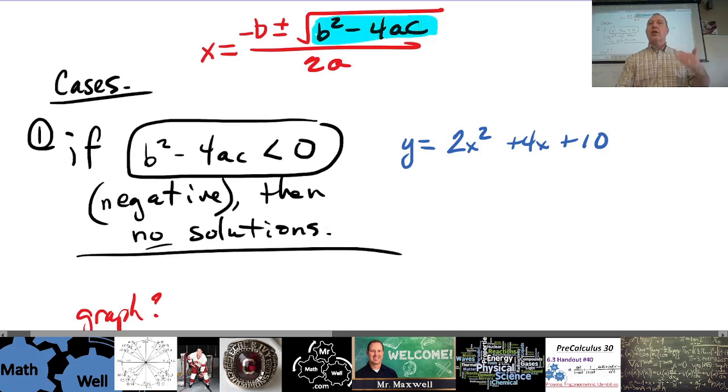This is very important. So I want to go over just what this tells us. You might want to write this down in your notes. If b squared minus 4ac, and there's actually a name for it which you don't need to know right now, but I will talk a little bit more about that in upper math classes.